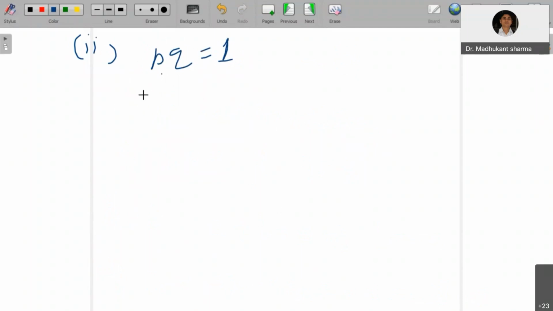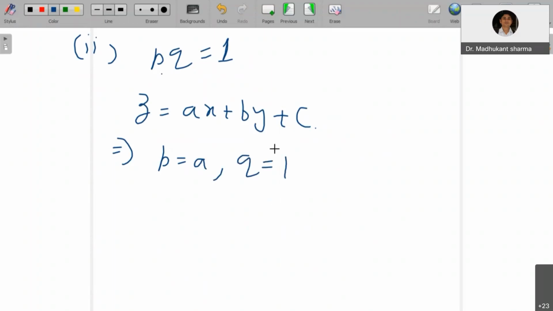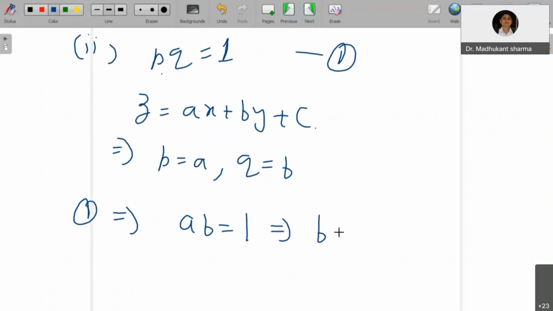So the general solution will be z equals ax plus by plus c. This will give you p equals a, q equals b. Call this equation 1. Then equation 1 implies a into b equals 1, which implies b equals 1 by a. So this will give you z equals ax plus y by a plus c.